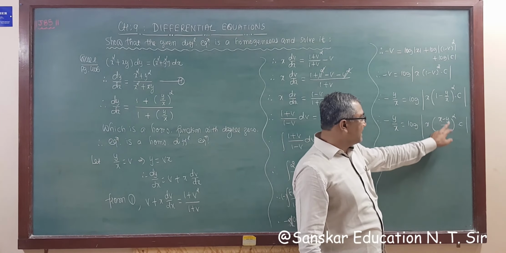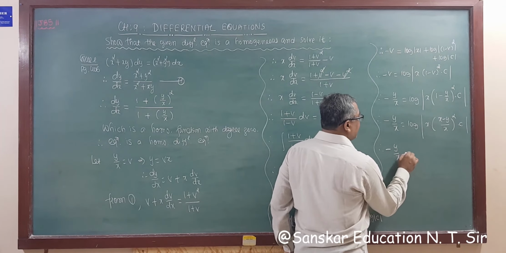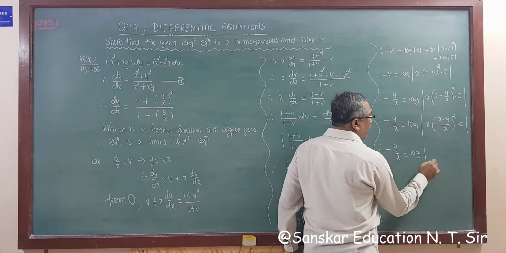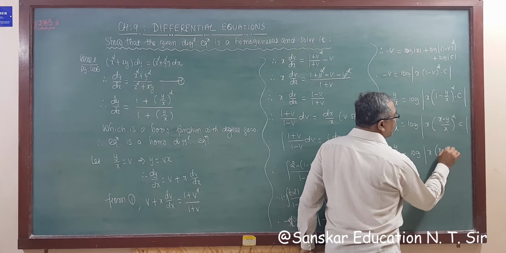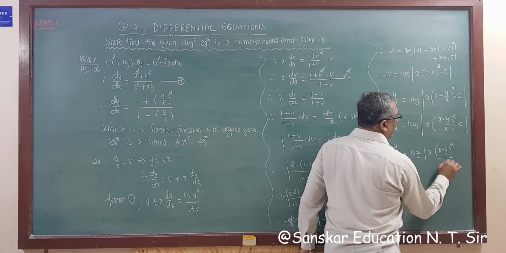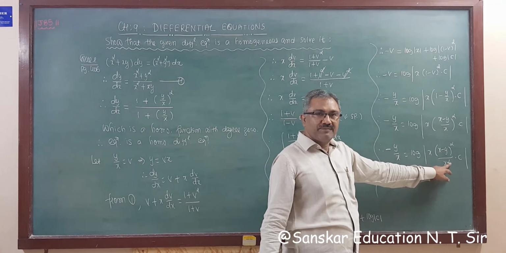So if we write this separately, then what we get? Minus y by x is equal to log mod x into x minus y whole square upon x square into c. So one x will be cut, right?